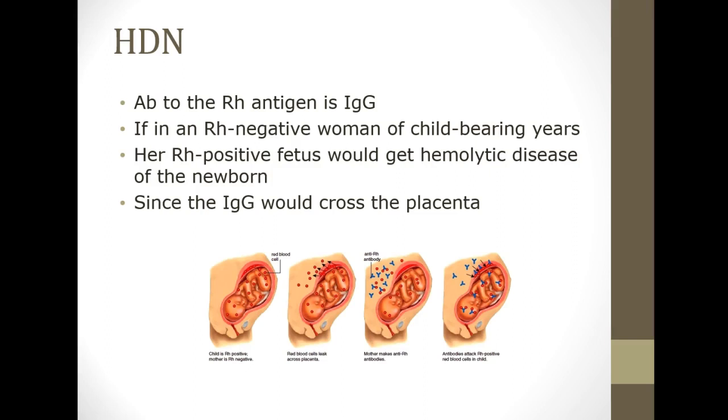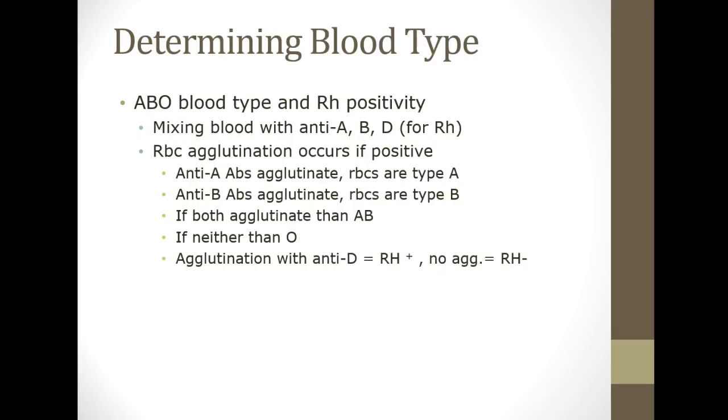Well, unfortunately, those IgGs can cross the placenta. So the antibodies that the mom is making to the baby's blood cross the placenta and attack the baby's blood. So it's a very unfortunate circumstance that we treat with something called RhoGAM. You may have heard of people saying, oh, I got the RhoGAM shot.